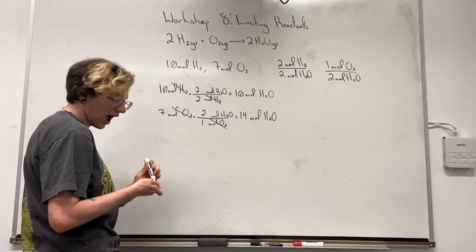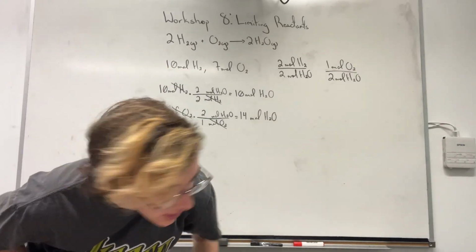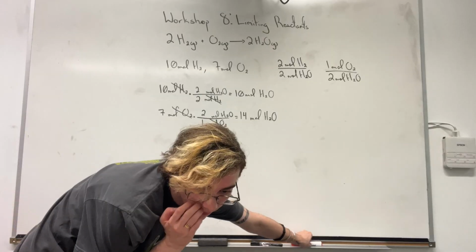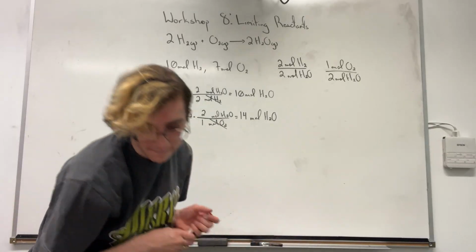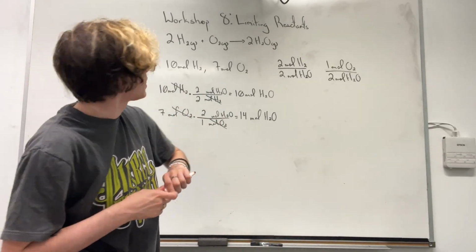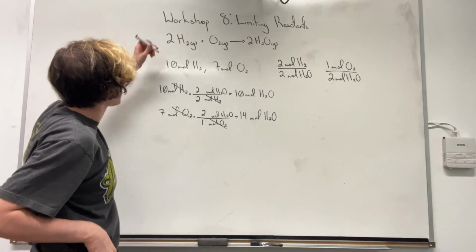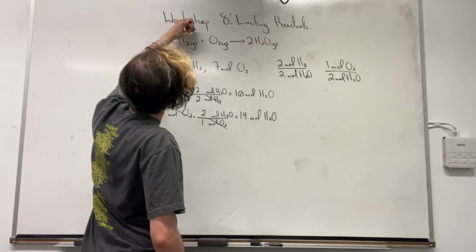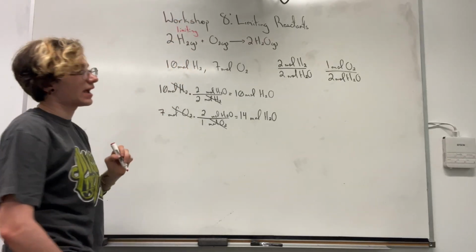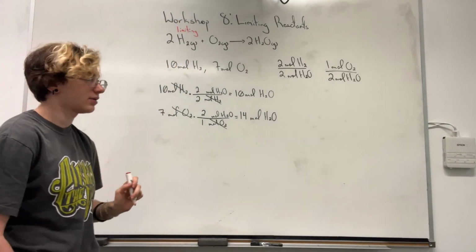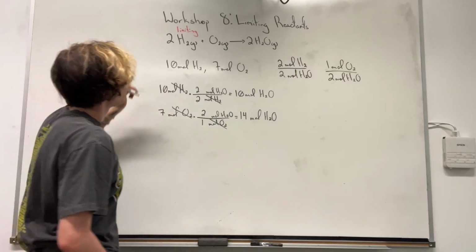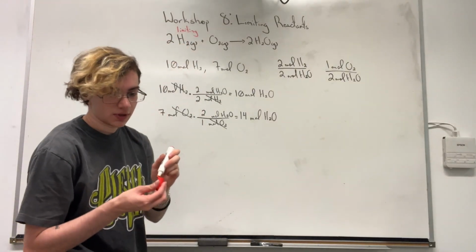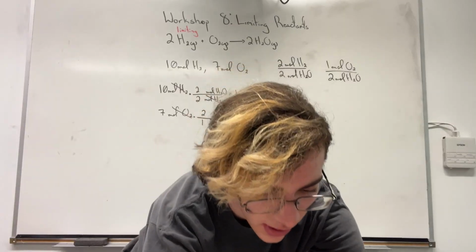And so because the hydrogen is going to make less product, our hydrogen is our limiting reagent. The limiting reactant is based on the amount of product it can make, not how much you are starting with, which means oxygen is then going to be our excess reagent.